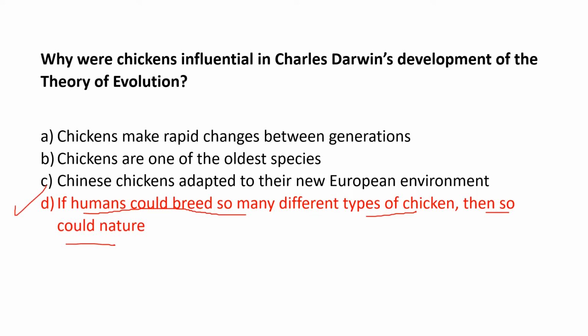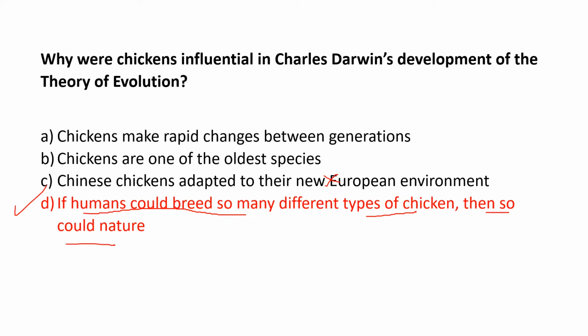C is not correct, because Chinese chicken adapting to their new European environment is actually not what Darwin was talking about. Darwin was talking about variation, and that organisms can adapt to new environments, and the ones that are better adapted are the ones that survive. So this is not exactly the best answer.